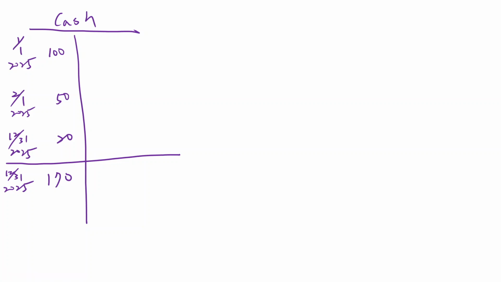So how about next year? If next year, 2026, I have another $30. So this number, cash, is it accumulated or only for 1 year?